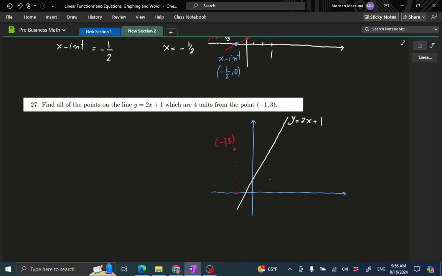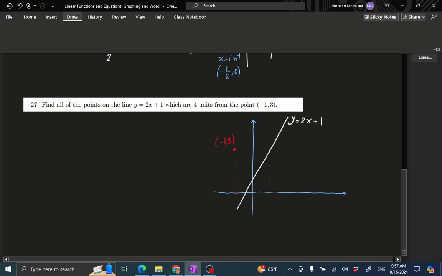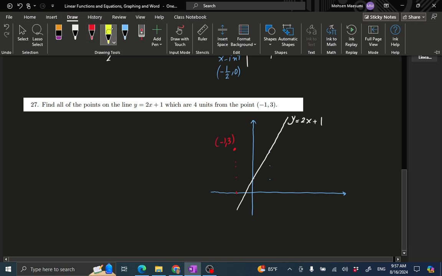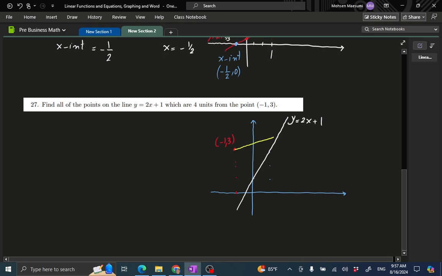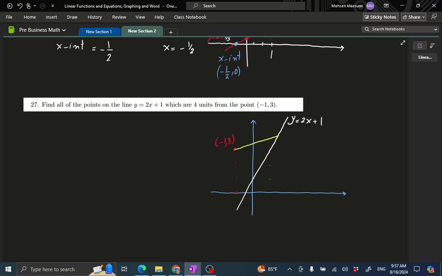It says find all points here that are 4 units away from this. Well, what does that mean? Well, when we draw a straight line from this point to the line, that line segment is going to have a length. We want that to be 4. We want to be 4 units away.